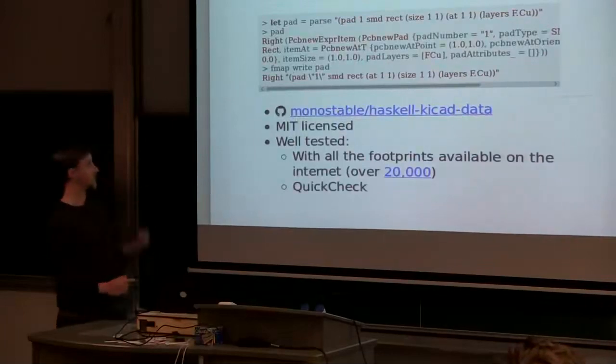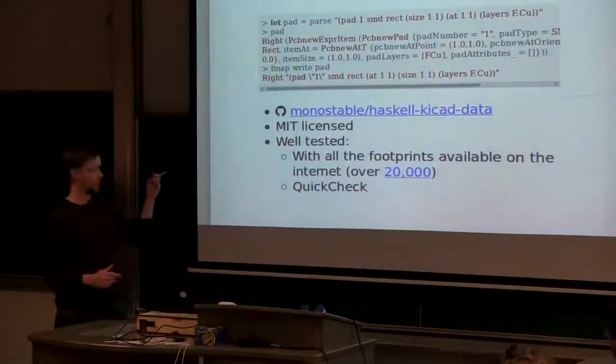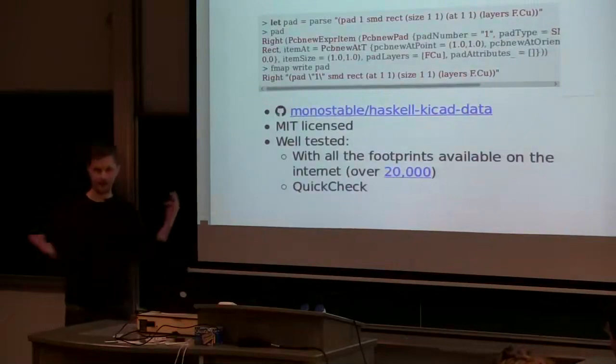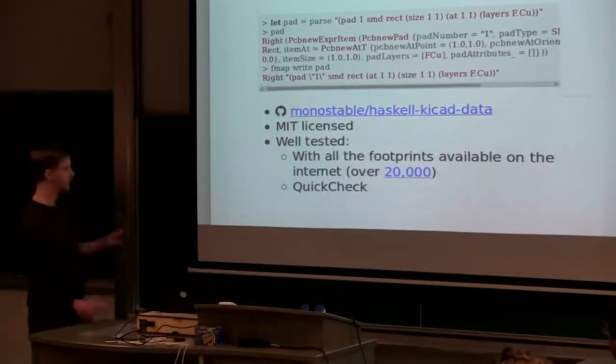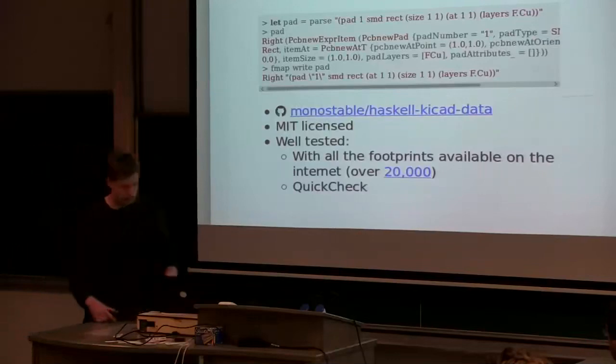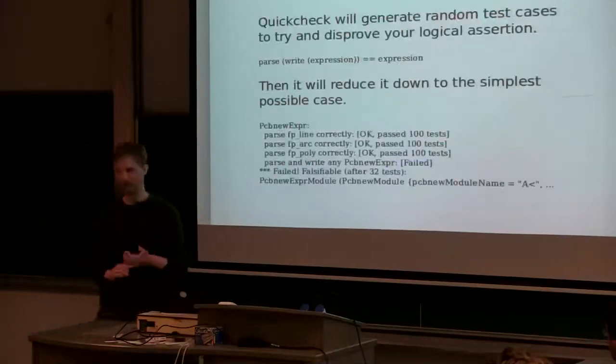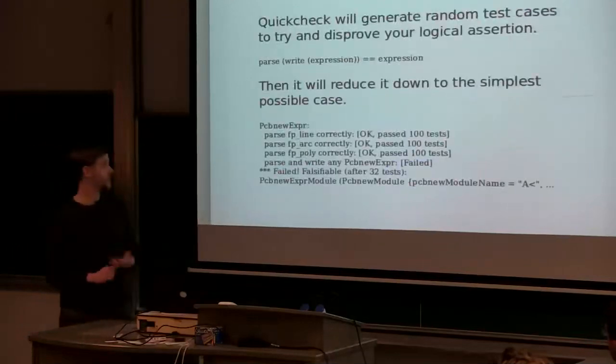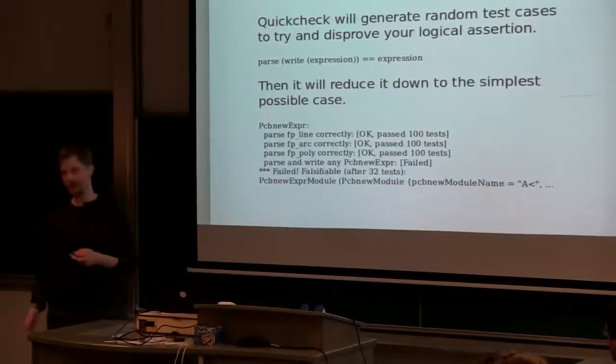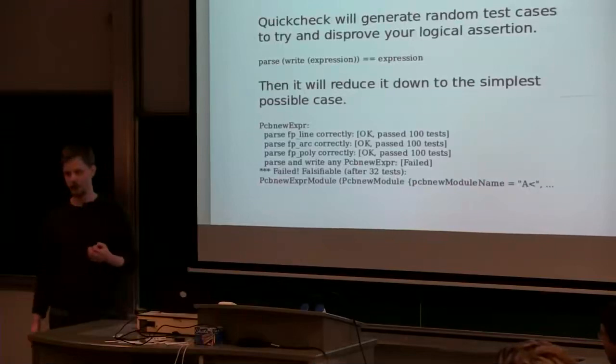Then I went way overboard with the testing, and checked it against every footprint I could find. I used something called QuickCheck, which is probably one of my favorite things about Haskell. It's a property testing tool that generates random test cases for you and checks them against your assertions.